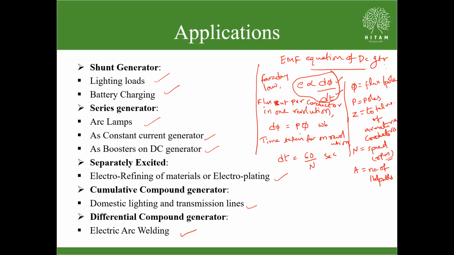Now substituting both into the average EMF in a DC generator, it is dφ by dt, where dφ is PΦ and dt is 60 by N. That is PΦN by 60.